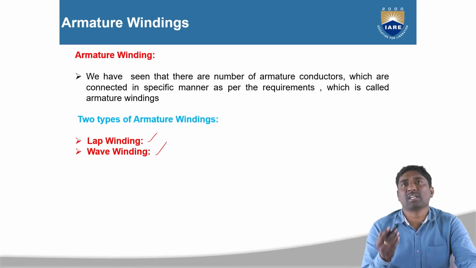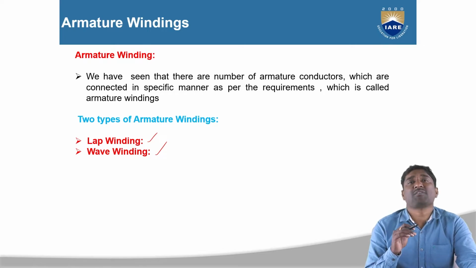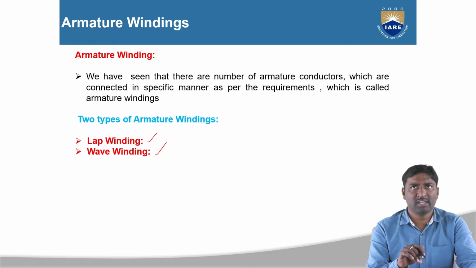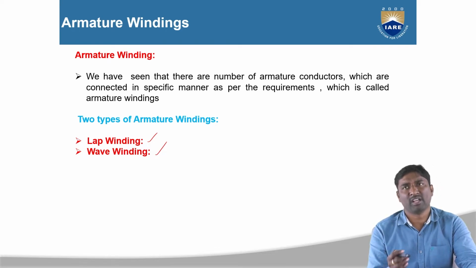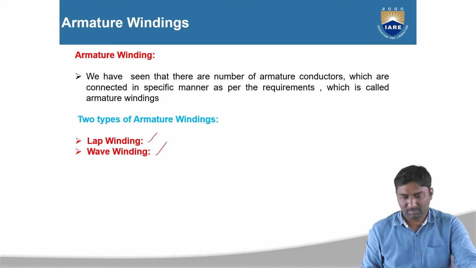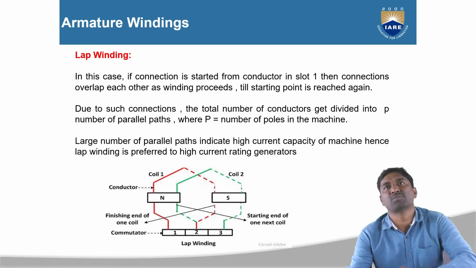So now we'll discuss the two types of armature windings: first the lap winding, second the wave winding. What is meant by lap winding? We'll discuss now. Lap winding, you can observe here.